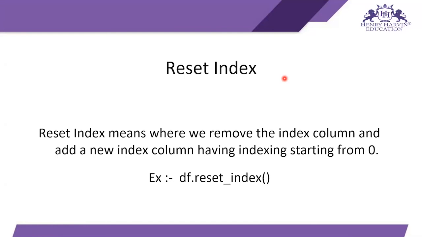For that you can use reset index, this reset function of the pandas data frame, where we remove the index column and add a new index column starting from 0 to m minus 1, where m is the total number of rows.